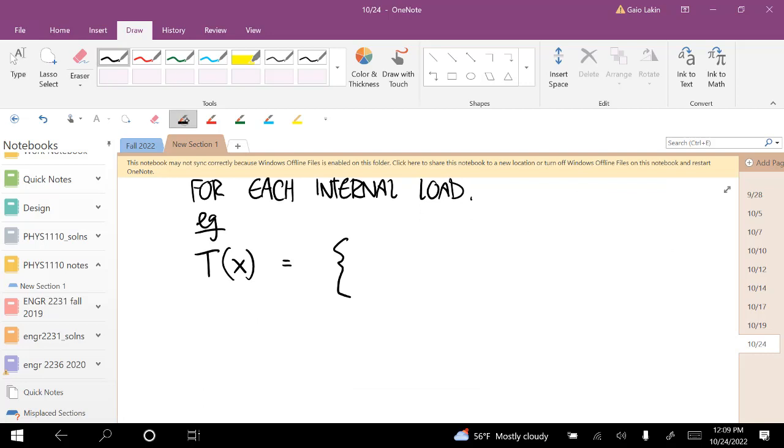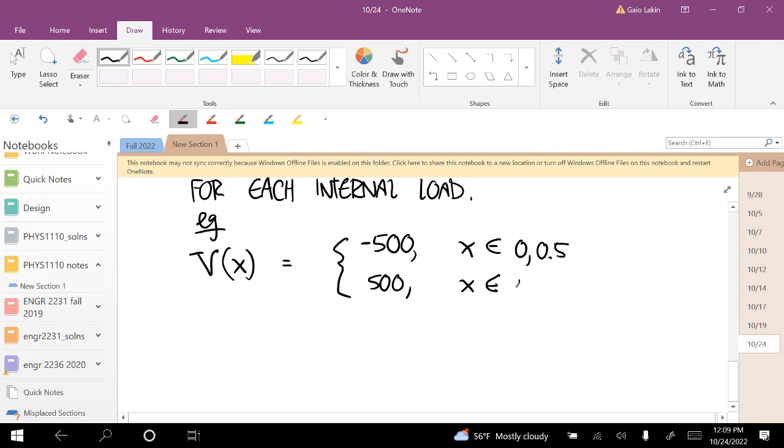Let me do the one that we would have here. So V of x would be negative 500 for x values between 0 and 0.5, and positive 500 for x values between 0.5 and 1. Okay, so that's what we're trying to do.